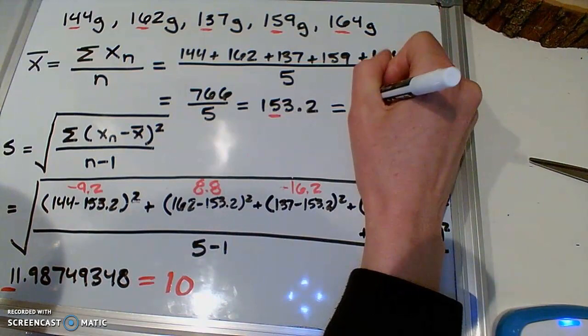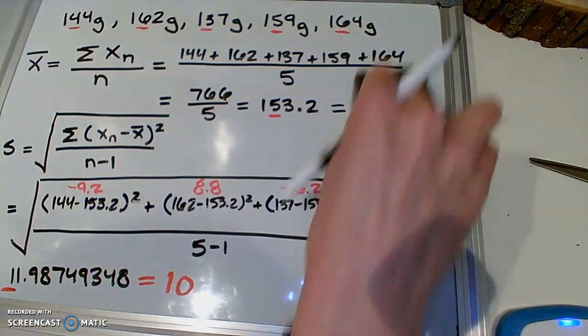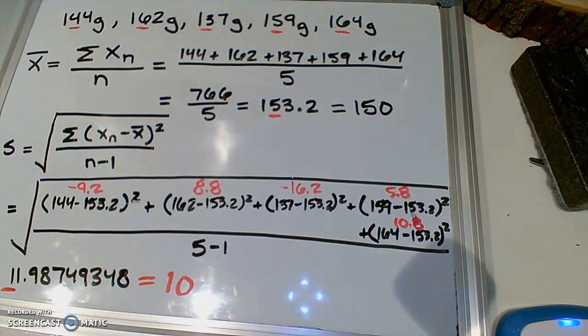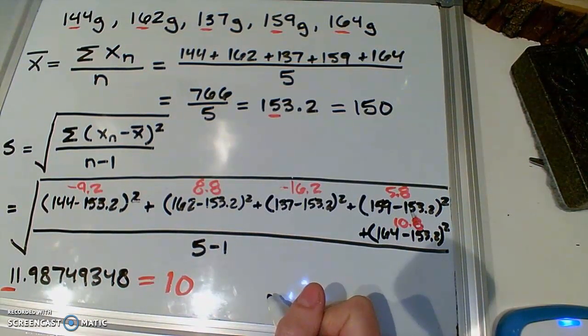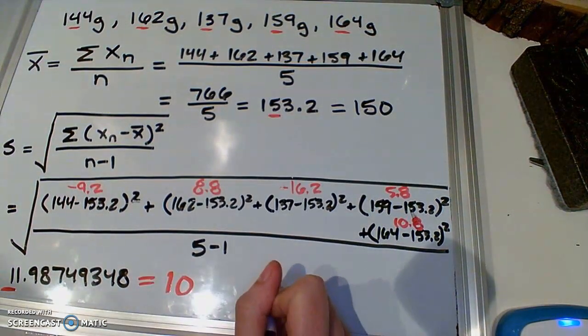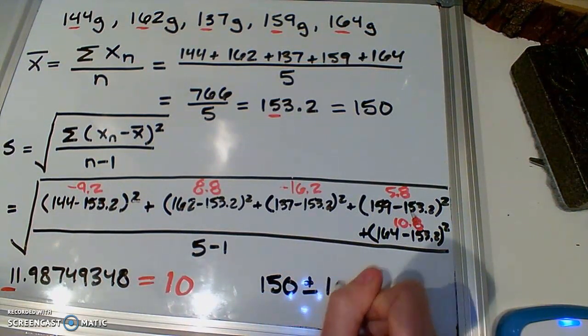We will say it is 1, 5, 0. Okay, so now to properly report this value, we would say the average plus or minus standard deviation of these 5 numbers is 150 plus or minus 10 grams.